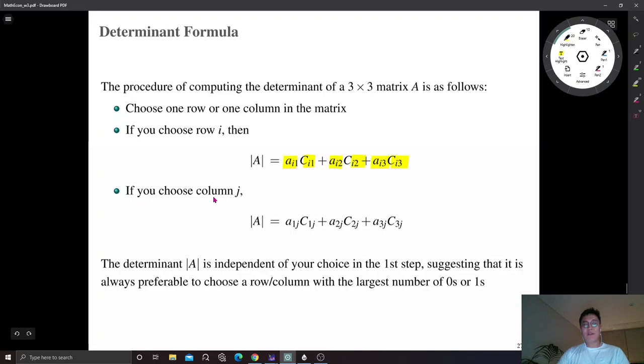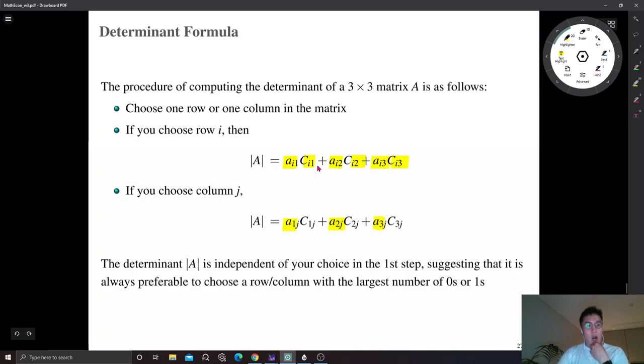And if we choose column j, then the determinant of matrix A is the linear combination of the entries in the jth column and their corresponding cofactors. I'm not sure if I said minor or cofactor when I explained the first expression, but it's a linear combination of the entries in the ith row and the cofactors.